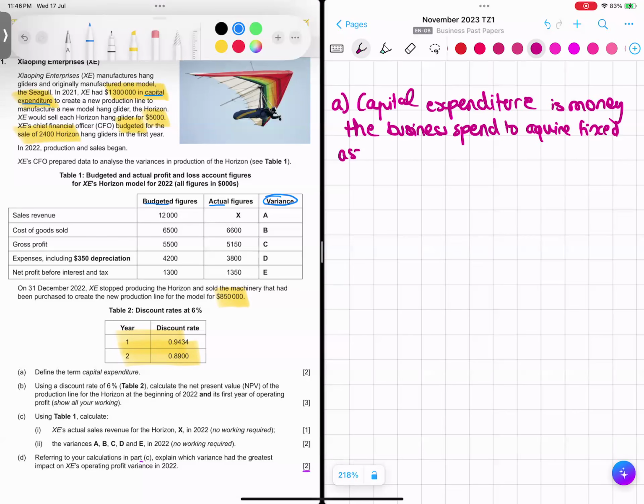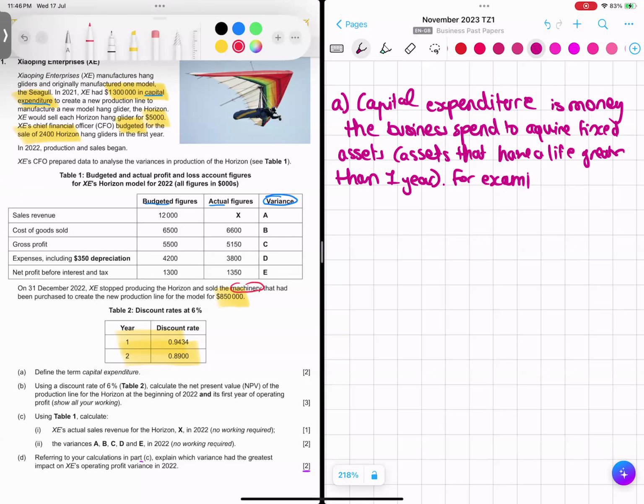What are fixed assets? Assets that have a life greater than 1 year. And then if you want, we can use some examples. In this case, they gave us the example themselves, which is machinery.